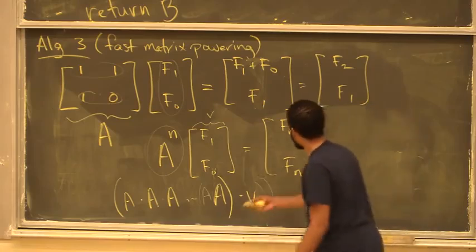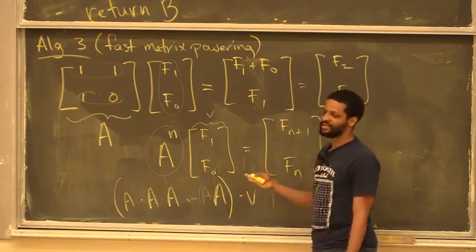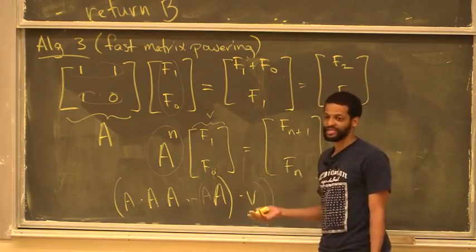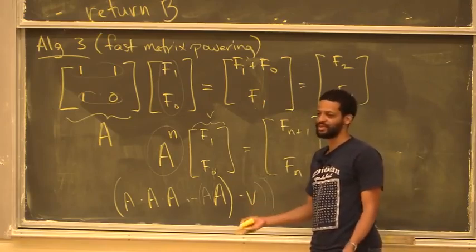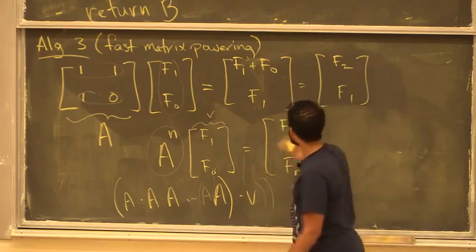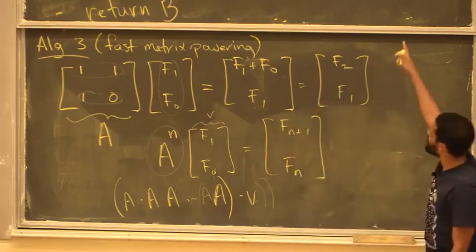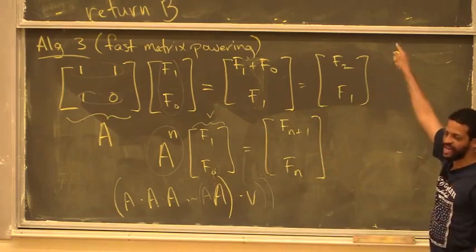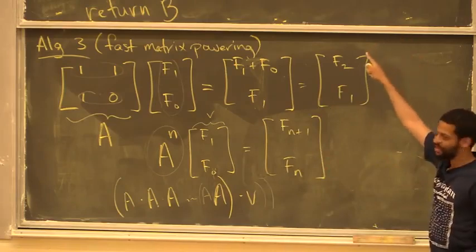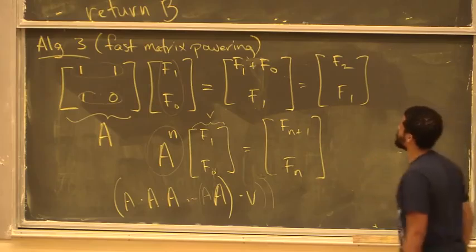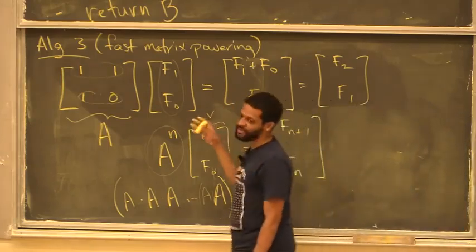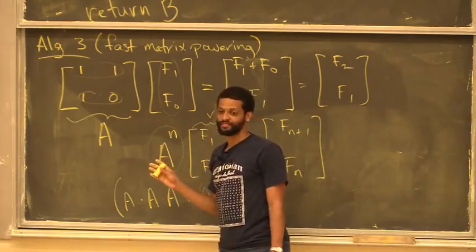And then finally we can apply that to v, and that's another constant number of flops, because it's a 2 by 2 matrix with a two-dimensional vector. So overall, this could give us an O of n flop algorithm, but we already have an O of n flop algorithm. So we can do even better using a technique known as fast exponentiation by repeated squaring.